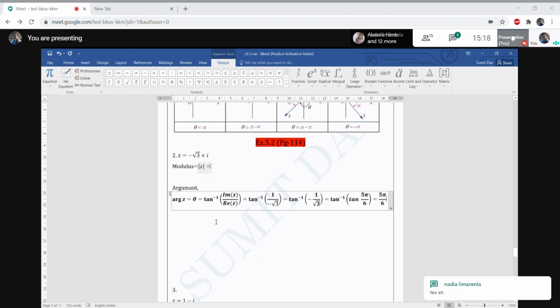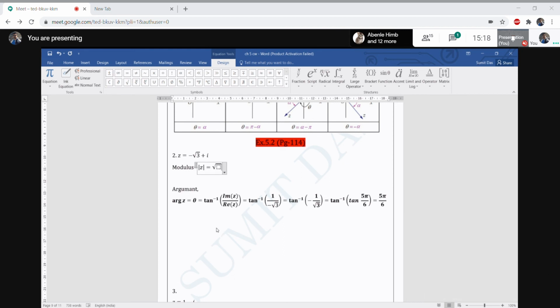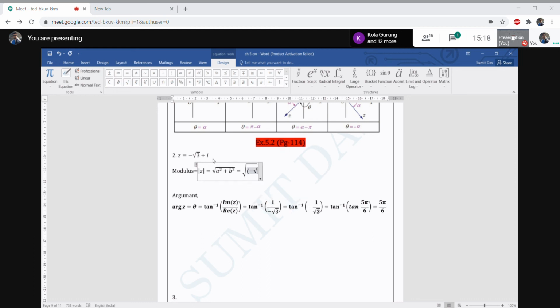So how to find the modulus of z? I told that it is square root of a square plus b square, right? So what is a here? A is minus root 3, squared, plus 1 squared.